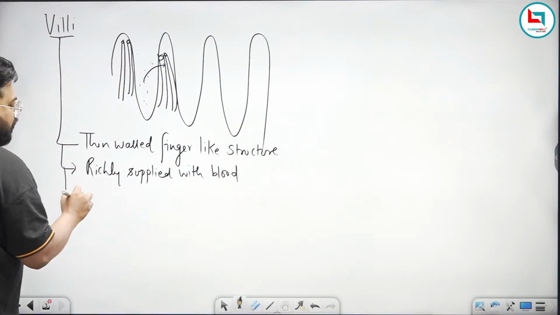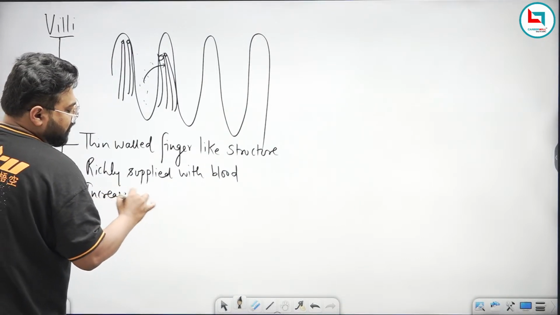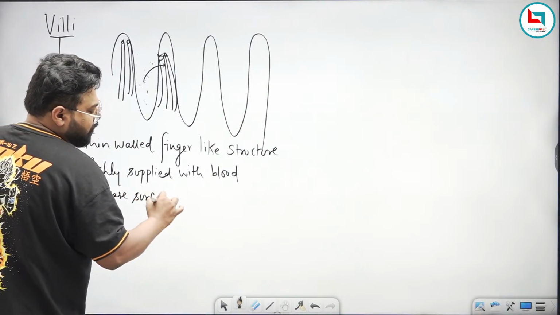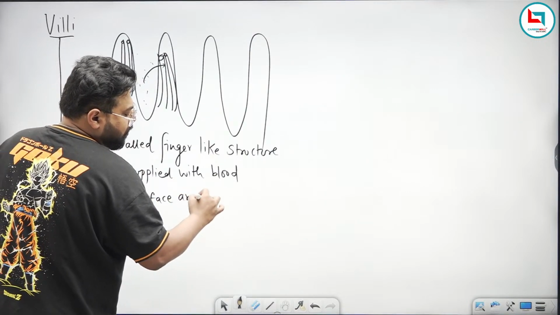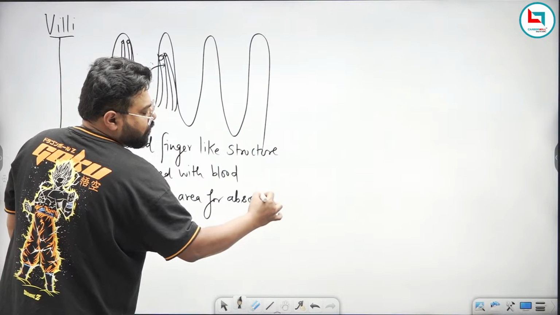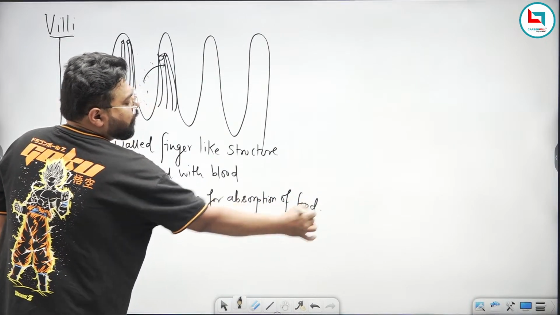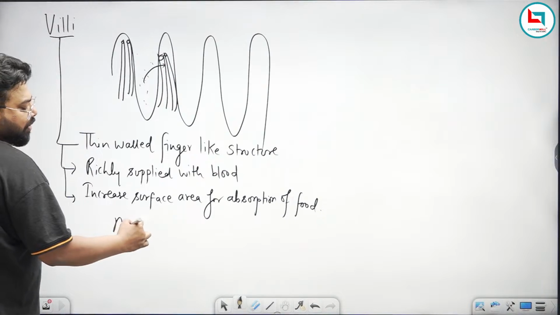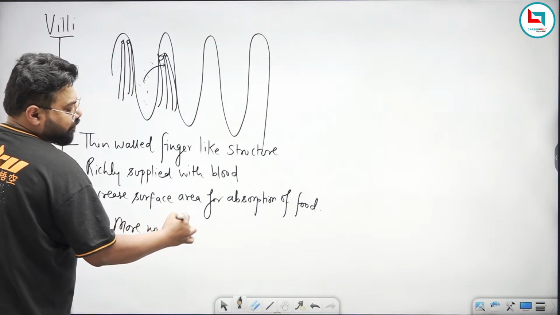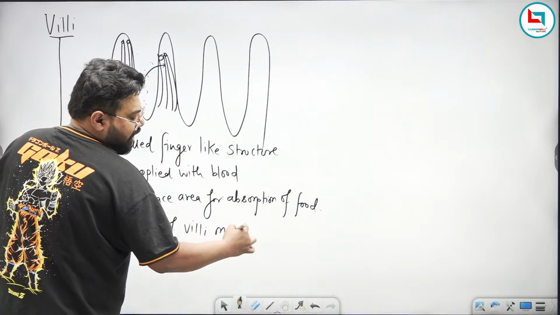Now they increase surface area for absorption of food. Now, more number of villi, more will be absorption.